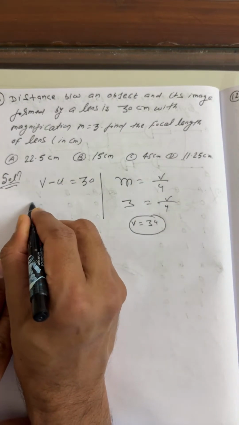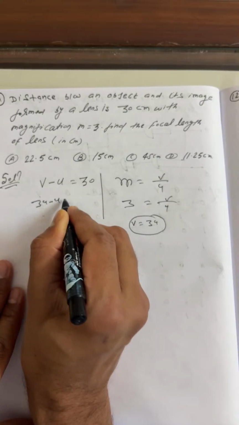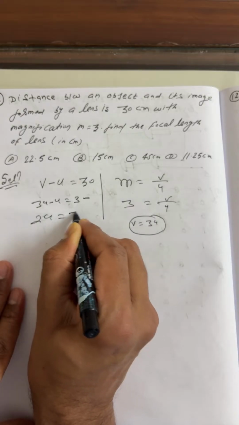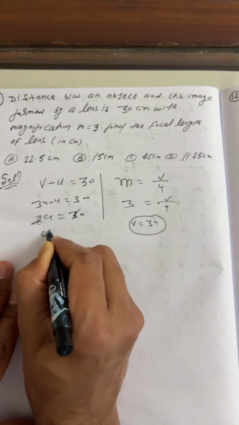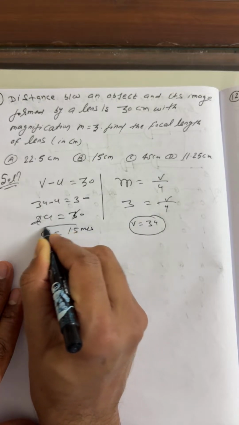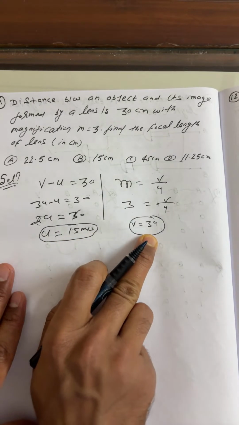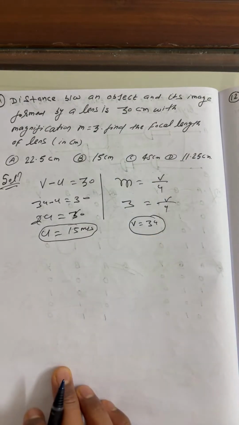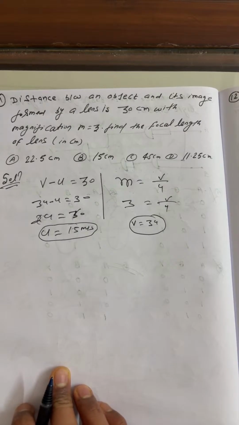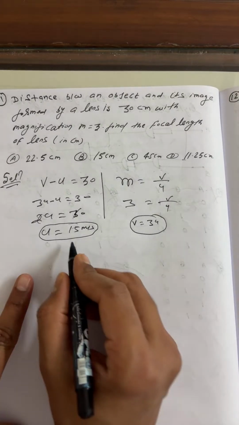So friends, 3U minus U equals 30, beta. So 2U equals 30. So U, beta, will be 15. If U is 15, then V, beta, is 45, right? So here we'll take the positive sign.